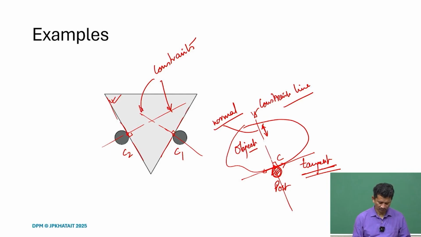Because of C1 this is the constraint, because of C2 this is the constraint. What it means is that the object cannot move along line C1 and cannot move along line C2.